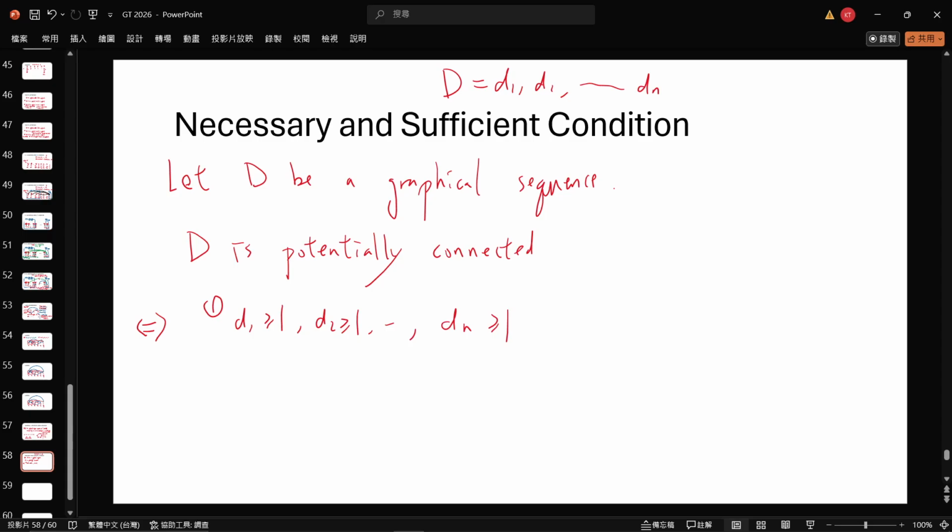So what else do we need? So the problem with this property, at least from our previous counter example, is that the edges are too few.